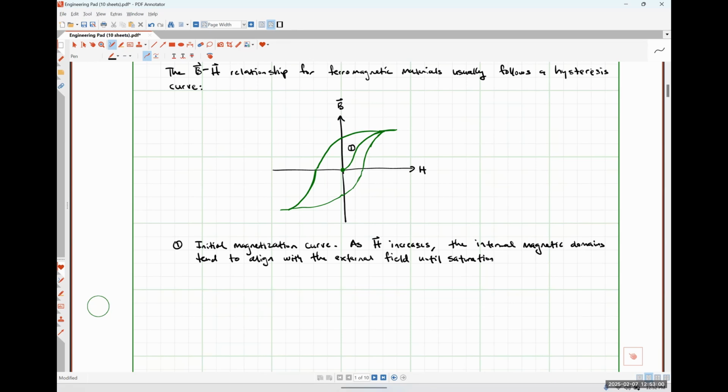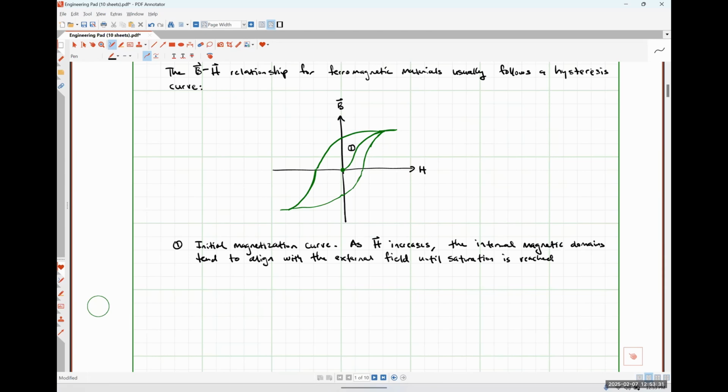And saturation is what's going on at that far upper right-hand corner of our curve. So essentially, saturation means that an increase in our H field will not result in a subsequent increase in our B field in our medium.